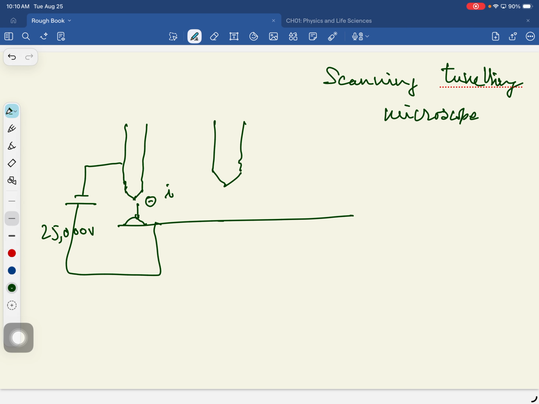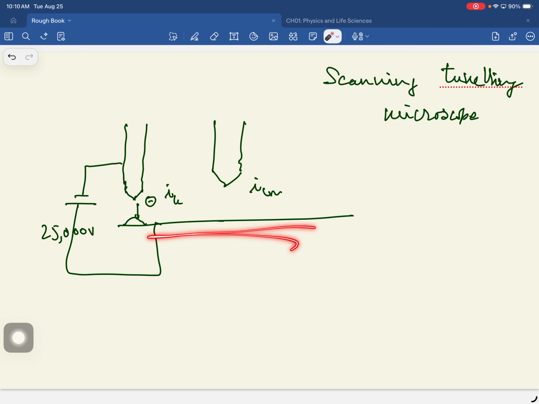So current is denoted by I, high current, low current. If you're taking the image of this object, all you're doing is scanning this probe, the electrode, by maintaining its level across that surface and just measuring the current.